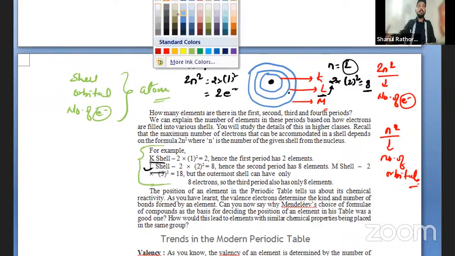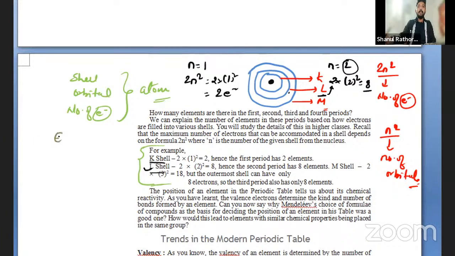As we write the electronic configuration of any atom, let us take the example of lithium. We put 2 electrons first, and then the remaining electron in the second shell.